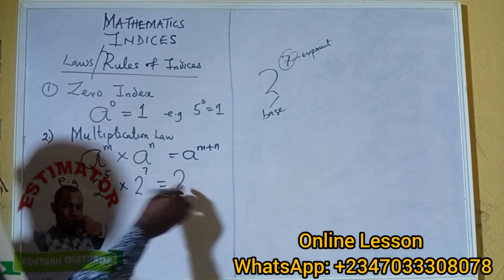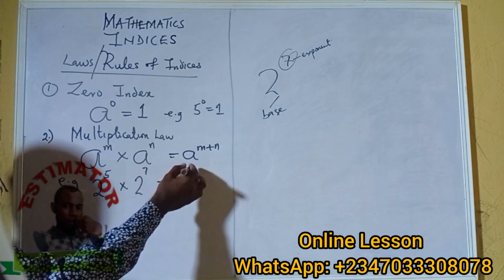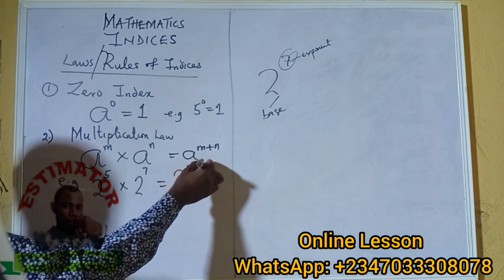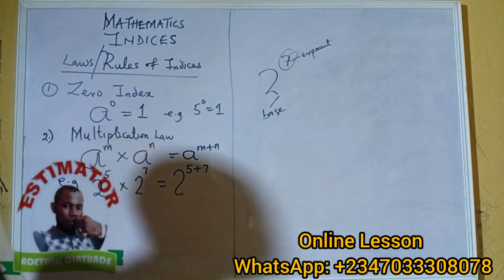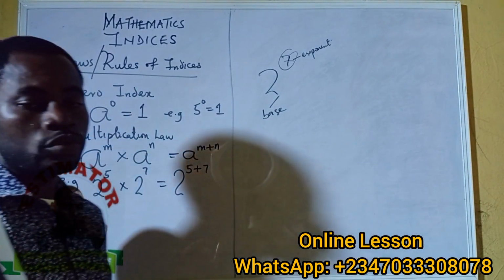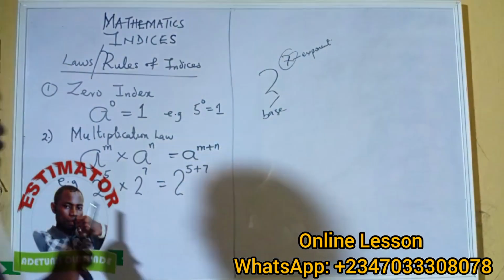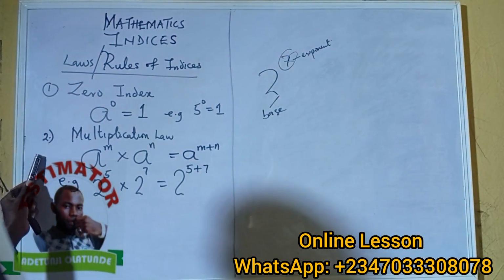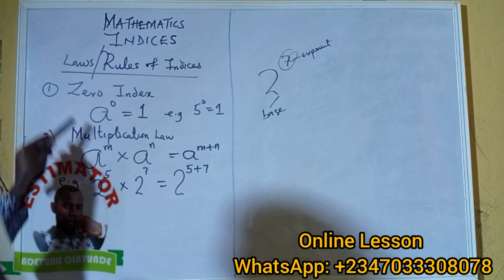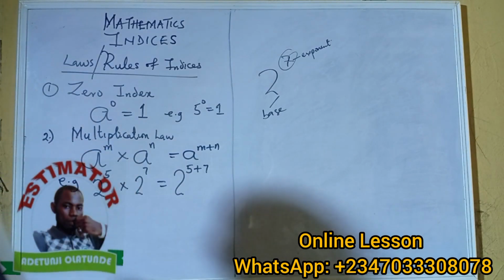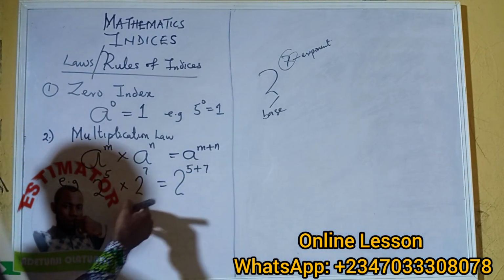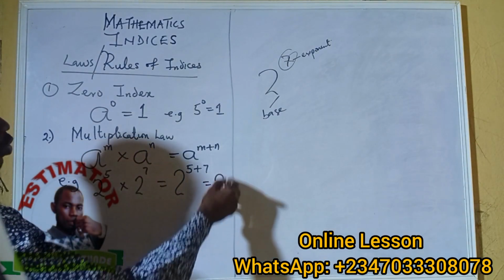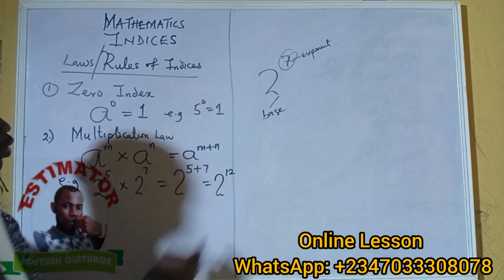That is 5 plus 7. As you are watching me right now, we have given 2 laws: the zero index and the multiplication law. The final result for this one is 2 exponential 12.